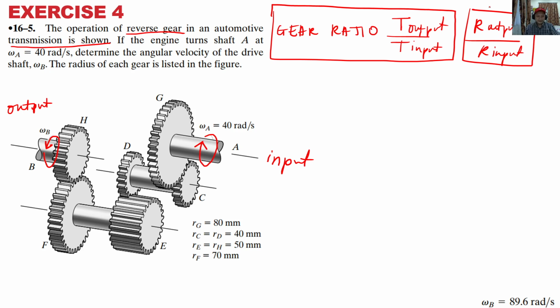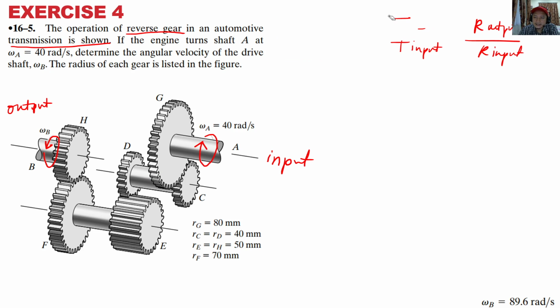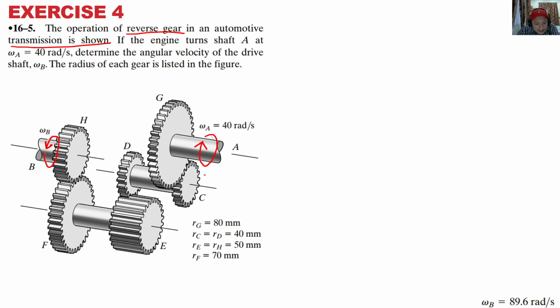But this one is not so straightforward anymore. You have to go through a lot of gears in order to get the output. There are a lot of configurations. But one thing for sure, you have established this before.